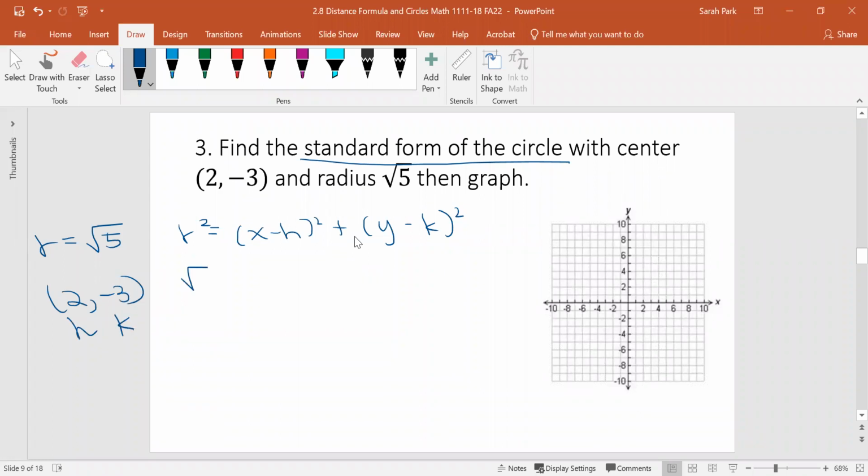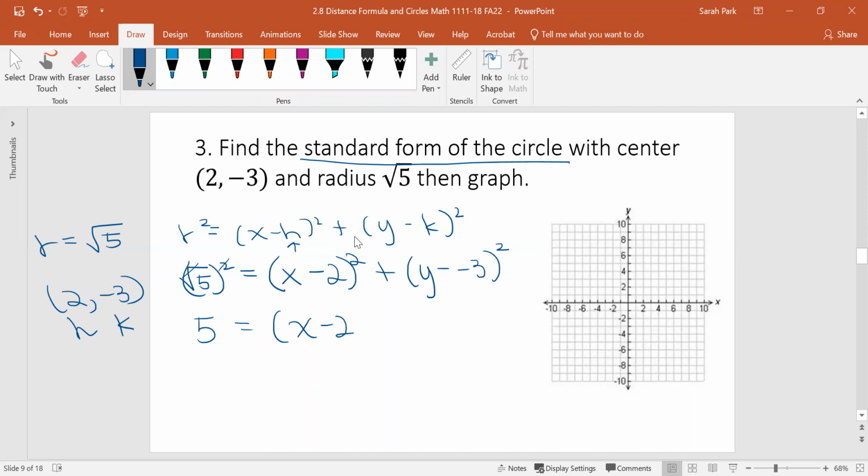R is square root of 5, so we have square root of 5 squared equals x minus h squared. We don't substitute anything in for x, but we're going to substitute 2 in for h. So x minus 2 squared plus y minus k, which is -3, squared. We're almost done. Square root of 5 squared is just 5, because the power 2 and square roots cancel each other out.